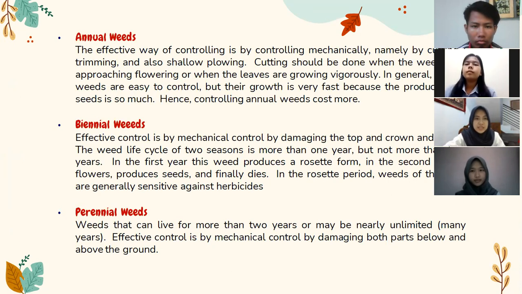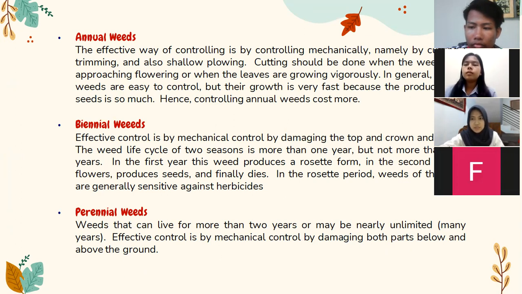Annual weeds, the effective way of controlling is mechanically, namely by cutting or trimming, and also shallow plowing. Cutting should be done when the weeds are approaching flowering or when the leaves are growing vigorously. In general, annual weeds are easy to control, but their growth is very fast because the production of seed is so much. Hence, controlling annual weeds costs more.